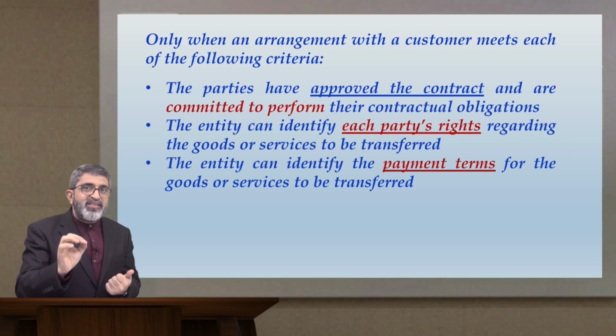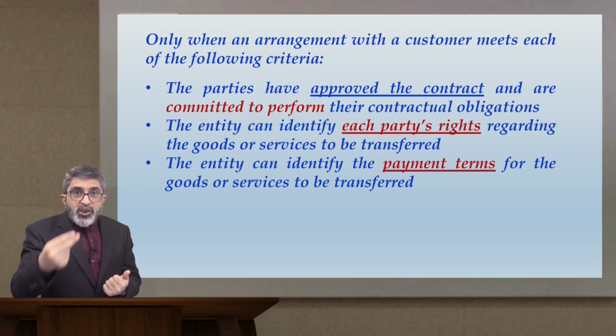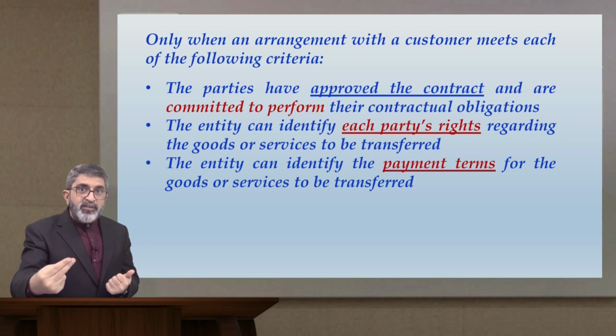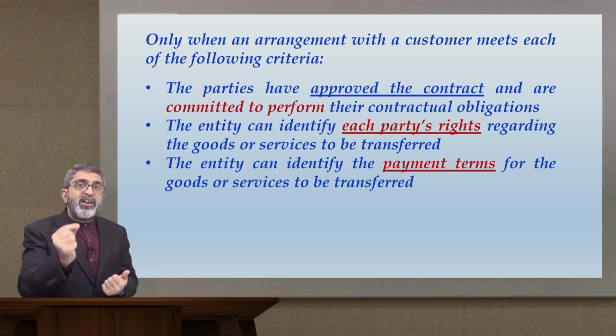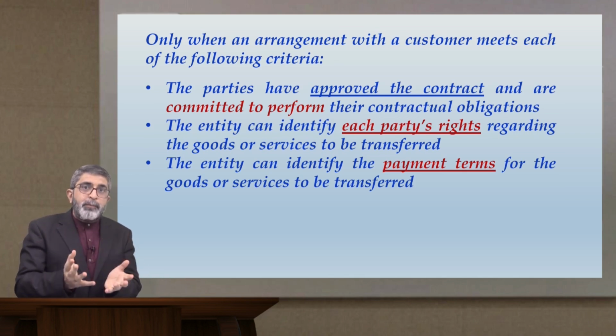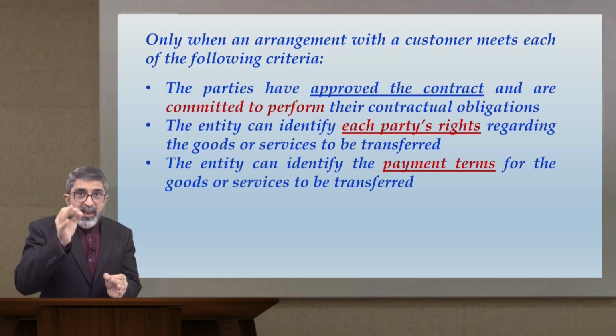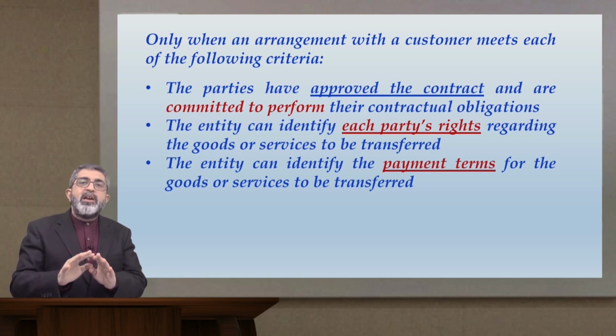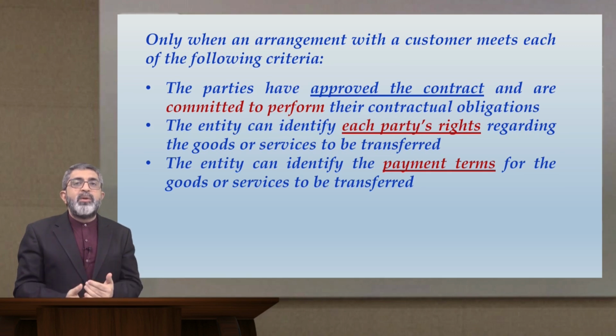Please understand that your consideration and allocation of that consideration has a lot to do with each and every condition that you are coming across over here. As a result, this first step is the most important step, because if this is not clear, there will not be any contract emerging between the supplier and the customer.